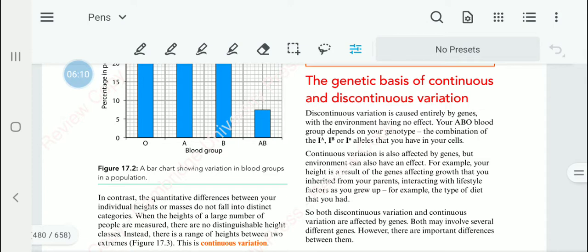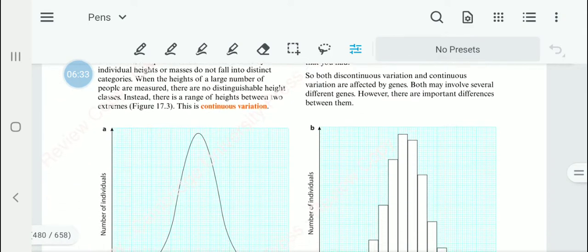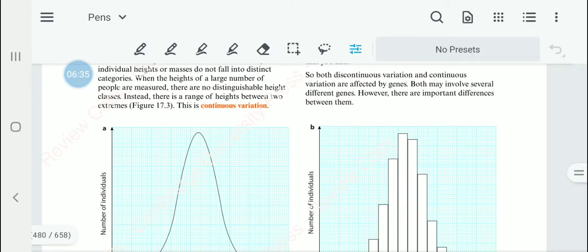So that is going to be affected by environmental conditions as well, right? That is something that we need to understand and take into our mind. So the summary is both of these are affected by genes, but there are important differences in how they affect and what the final result is going to be.